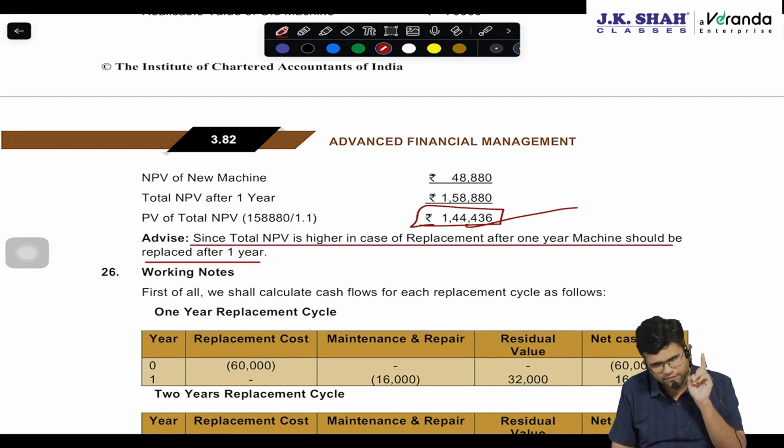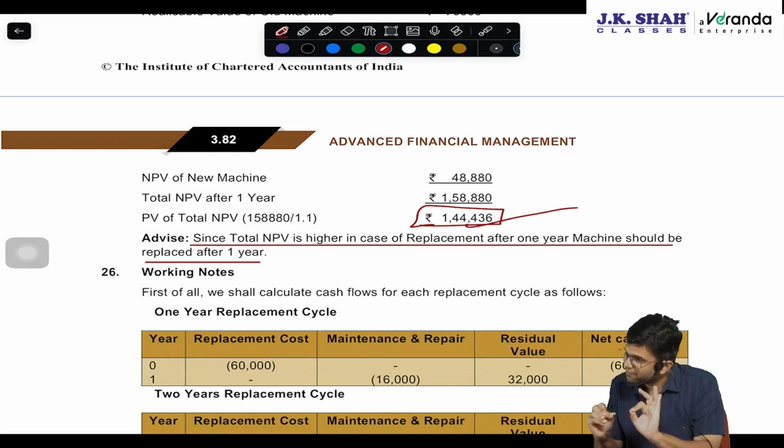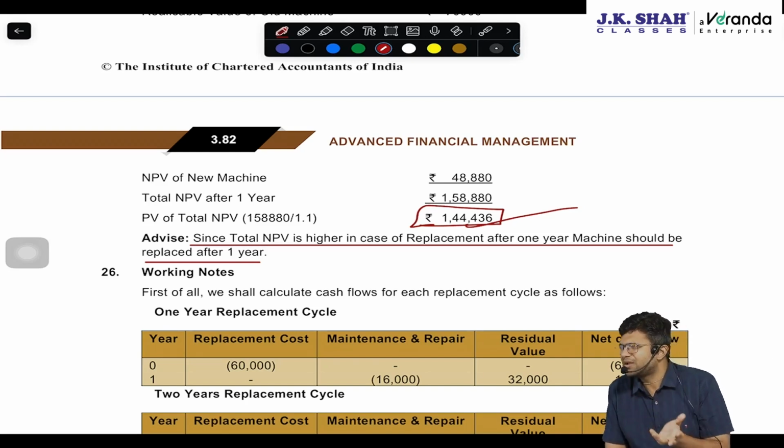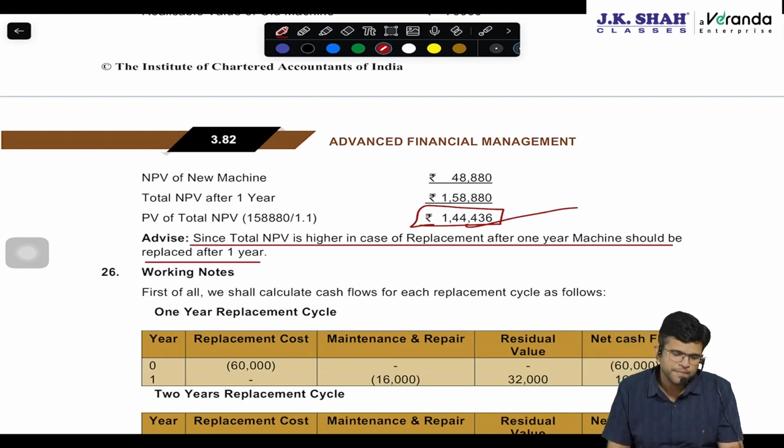Everyone clear now? So we will do the correct thing, but I'll give you a note there. ICAI has ignored this. Last point is ignored. Do you all understand? There is no logic for not doing EAB. EAB should have been done. Otherwise, the earlier question also becomes wrong. Alright.